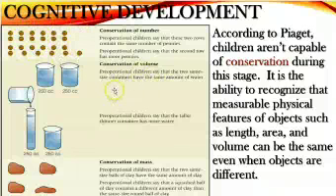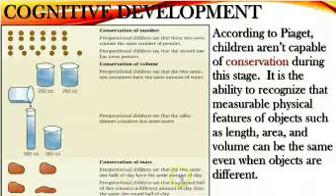Conservation of volume. Pre-operational children say that the two same size containers have the same amount of water. Pre-operational children say that the taller, thinner container has more water, when in essence it has the same amount of water, although the shape is different. Conservation of mass.